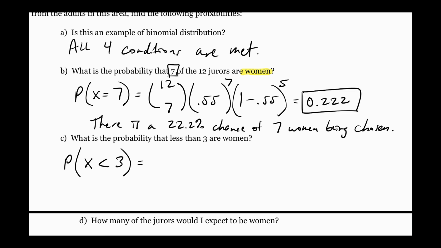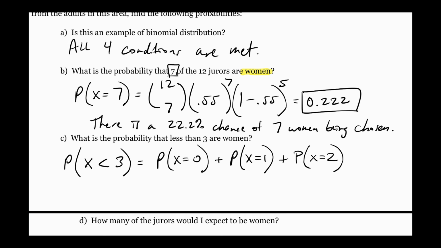So we're actually asking for the probability x is 0, no women, plus the probability x is 1, 1 woman, plus the probability of 2 women, and stopping right there. That's what we're looking for. So really it's 3 problems, and then I add up their answers.